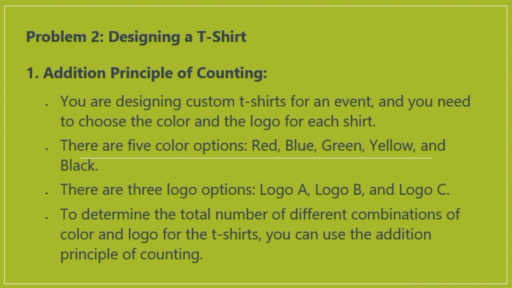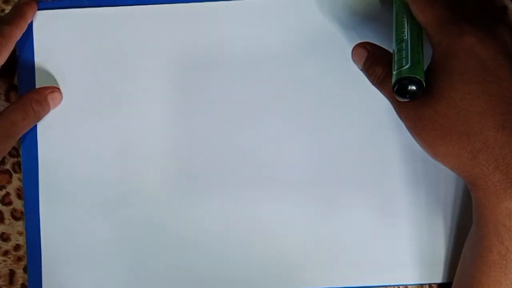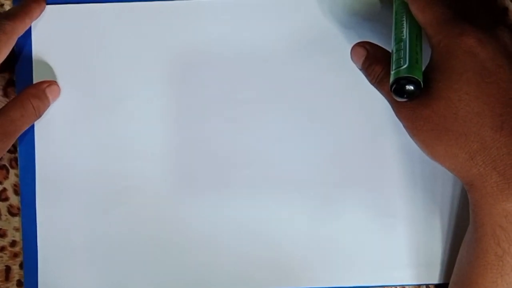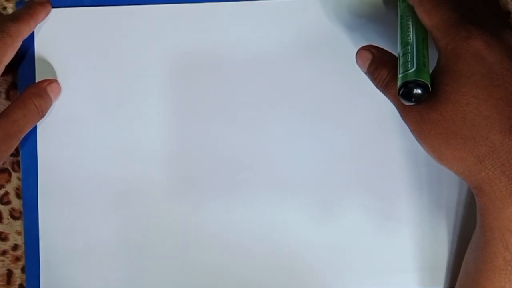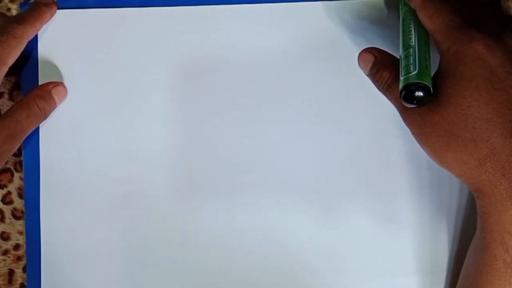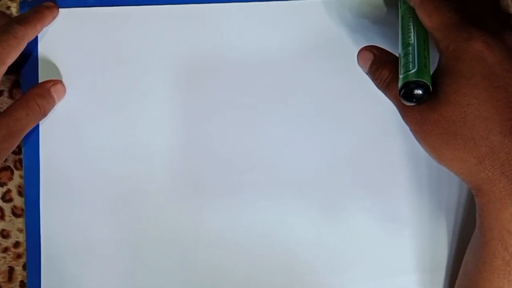There are three logo options: logo A, logo B, and logo C. To determine the total number of different combinations of color and logo for the t-shirts, you can use the addition principle of counting. So let's have the solution first.